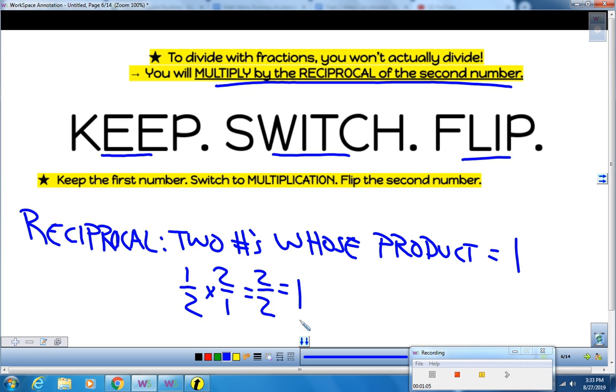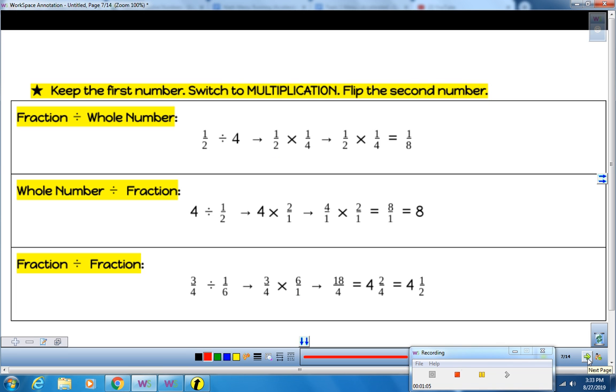What you'll notice here is that basically anytime you want to talk about a reciprocal, we're talking about flipping the number upside down. Keep the first number the same. We'll switch the symbol to multiplication. We'll flip the second number. Here are some examples.